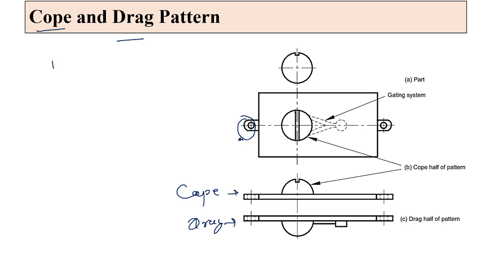These are the alignment pins, and here this part can be formed in the cope and drag by different molders.